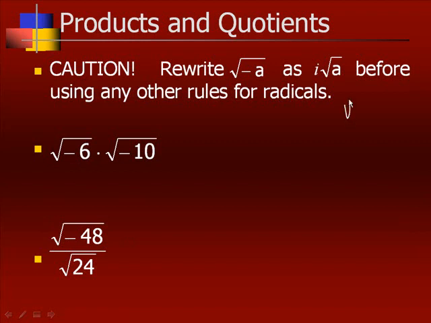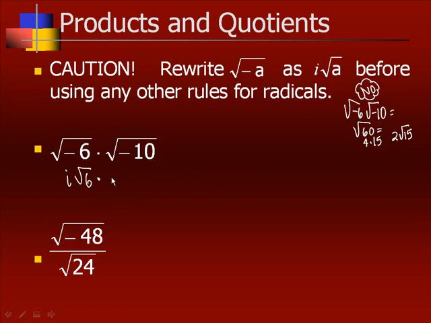I'll show you why, because if you think the square root of negative 6 times the square root of negative 10, well, that would be the square root of 60 because a negative times a negative is positive, which would simplify as 4 times 15, so that would simplify as 2 times the square root of 15. That's what people like to think. I'm going to stick a little no up here. Don't do this. What we're going to do is rewrite this as i square root of 6.